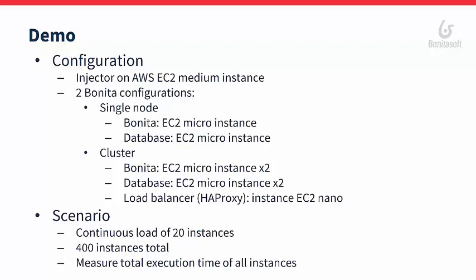It doesn't ask for the creation of 400 instances in one shot. It's more to simulate a continuous user load, having 20 instances running in parallel at all times. And what we want to measure here is the total execution time to run all the process instances.